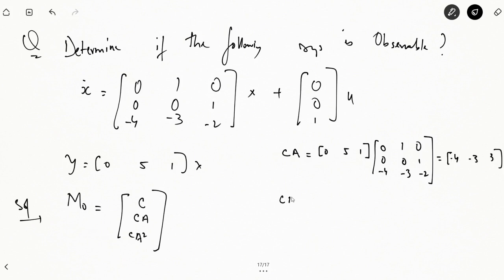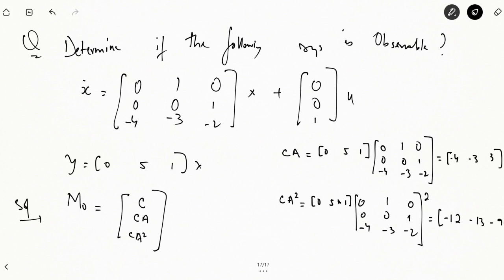In a similar fashion, CA squared will be [0, 5, 1] times the square of A. You can do this using your calculators. First find out the square of A, then multiply it with [0, 5, 1]. So we'll be getting minus 12, minus 13, minus 9.